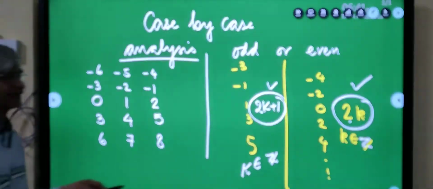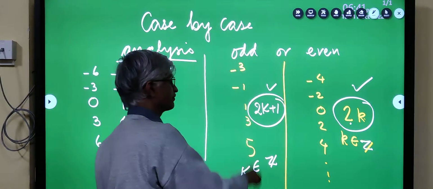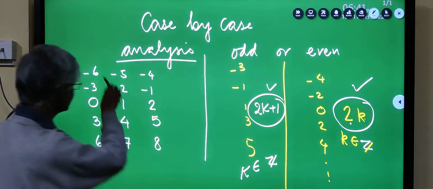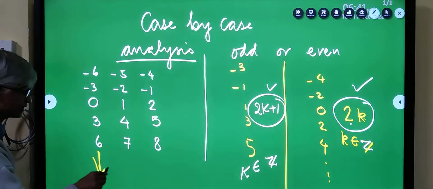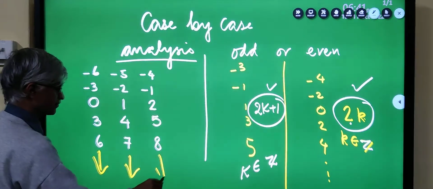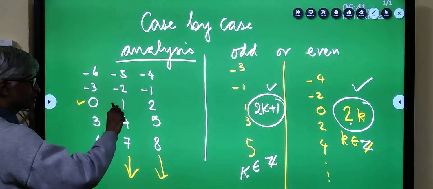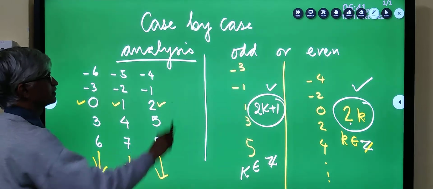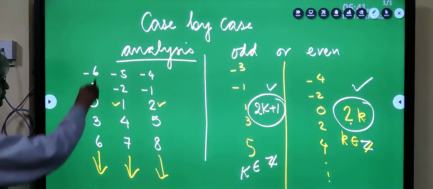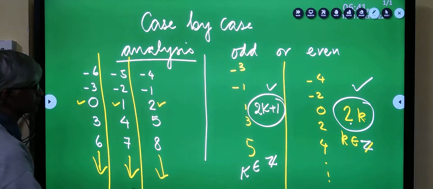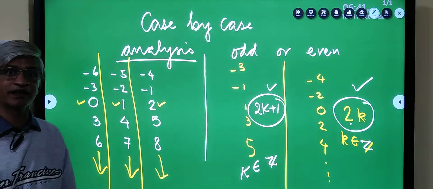Now, in the previous case, all the integers were divided into two cases. In this case, the integers are divided into 3 cases: the ones that leave a remainder of 0, the numbers which leave a remainder of 1, and the numbers which leave a remainder of 2. These are the 3 cases we have to consider when we are dividing by 3.